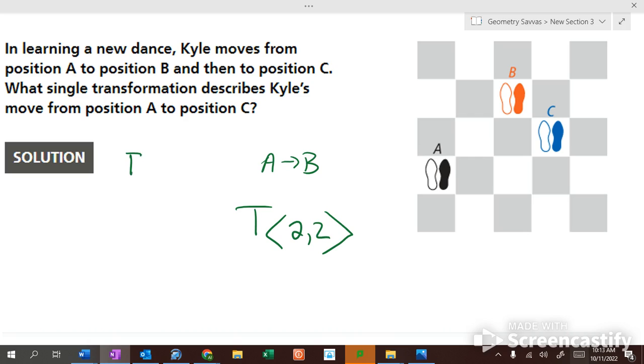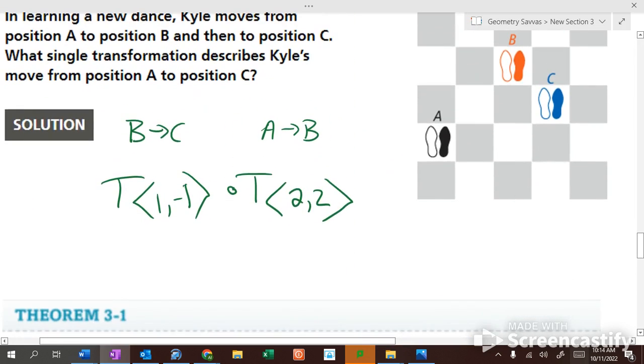Okay? And then from B to C, what's that translation? What's that translation, Justin? No. A went 2 over, 2 up, so B goes how far over? 1, and how far down? 1. So it's 1, -1.